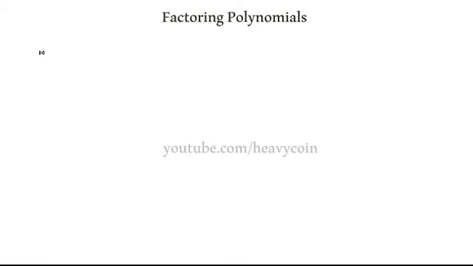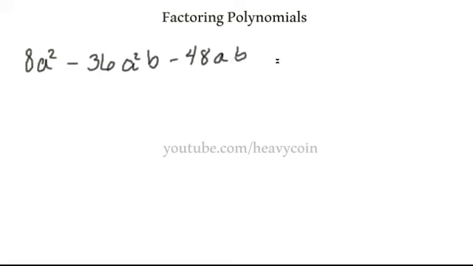Okay, let's see what we got here. We got an 8a squared, so this is a monomial, minus 36a squared b minus 48ab plus 6a cubed.